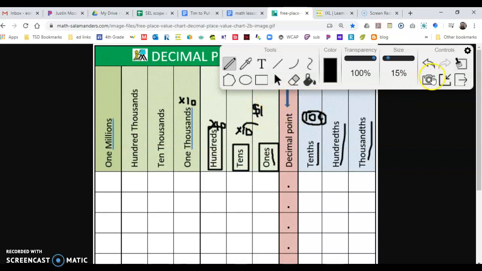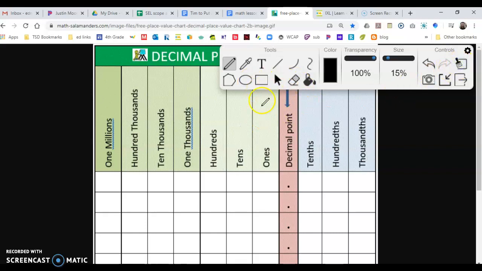So in this case too, what we find is that the ones place is 10 times more. It's 10 times greater than the tenths place. Well, we follow that pattern that each place to the right is 10 times more than the previous place.